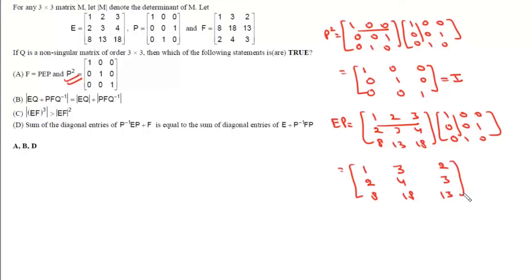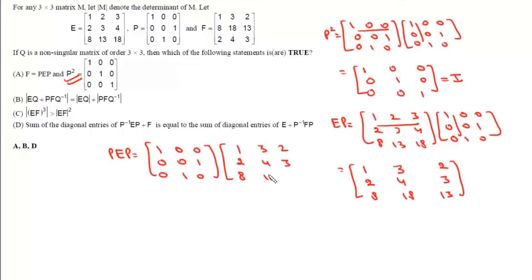Now if we find PEP, it will be 1 0 0, 0 0 1 and 0 1 0, and this is 1 3 2, 2 4 3 and 8 18 and 13.